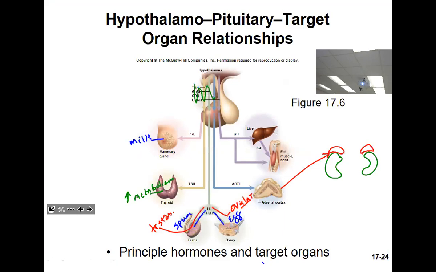It does. All right, now, I want you to know for now, because we're going to add to it when we start looking at the adrenal glands more closely, that when ACTH hits them, this is going to affect electrolyte balance. What are electrolytes?